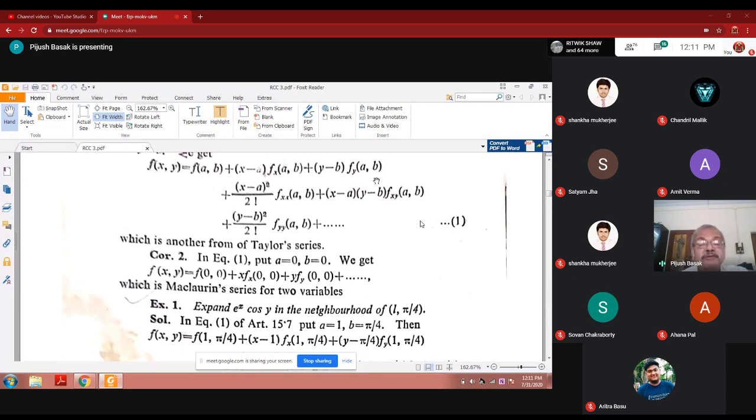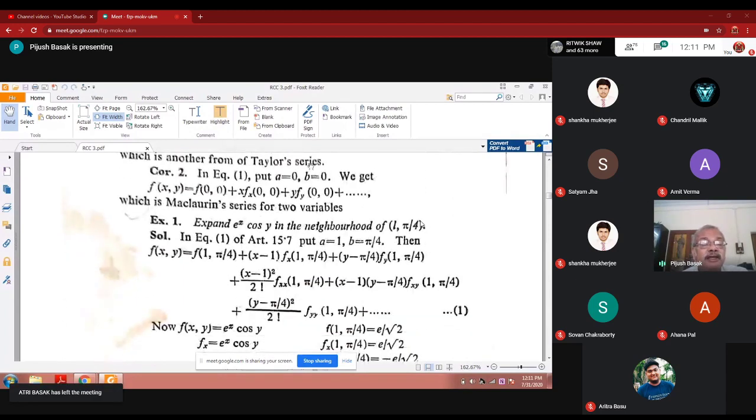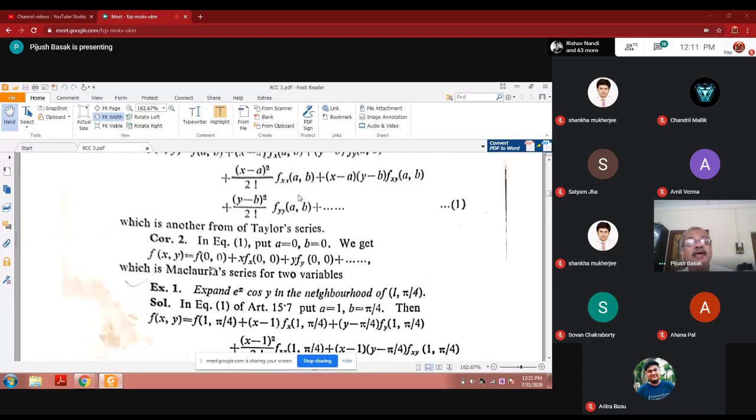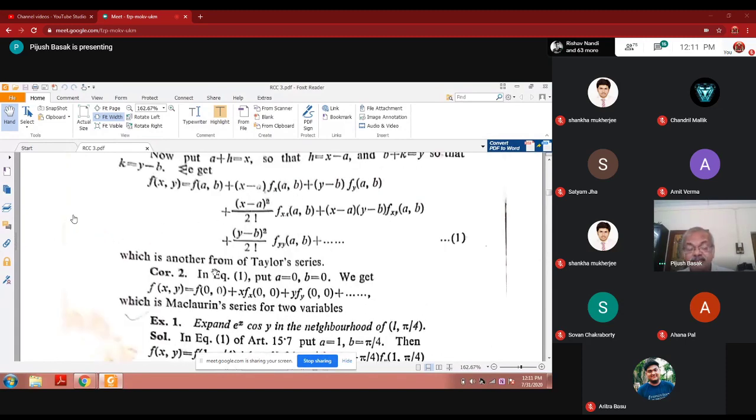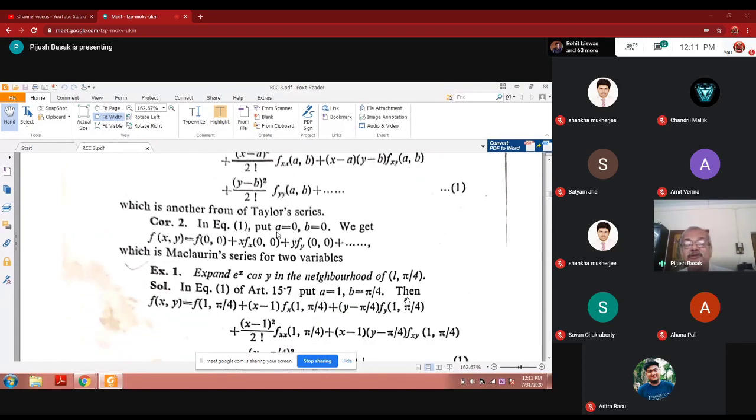So if you substitute like this, the basic point (a,b) will be taken as the point which is given in the problem, (1, pi by 4). Is it clear to you? Because in the problem, the neighborhood of the point will be given.